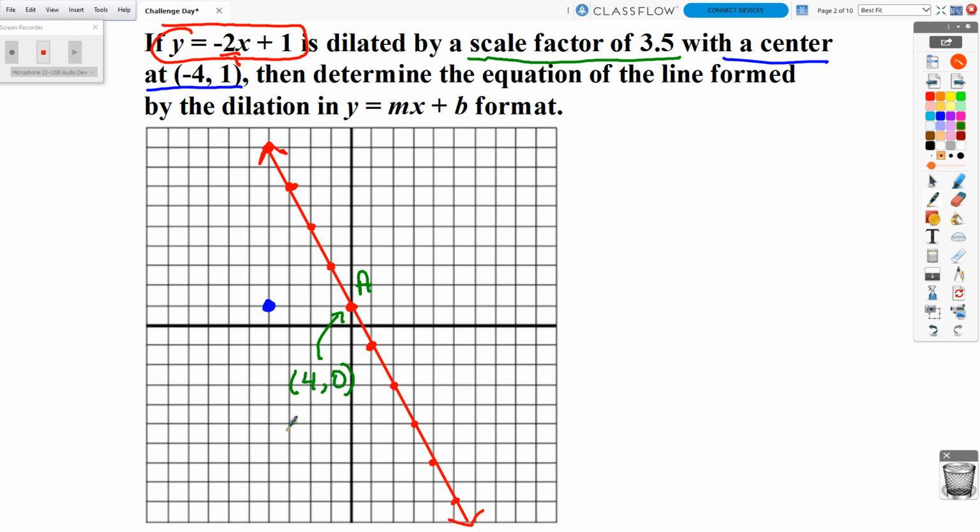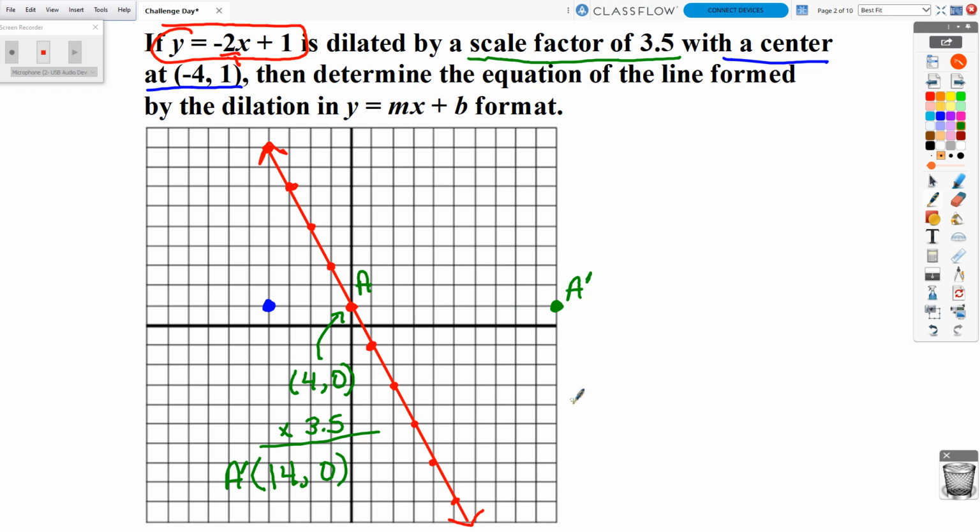If I took 4, 0 now and multiplied the x and the y coordinate by 3.5, then A prime is going to pretend to be at 14, 0. Now, where do I start counting from? From the center of the dilation. So there's 4, and then 5, 6, 7, 8, 9, 10, 11, 12, 13, 14. We're all the way right on the edge here. So there's A prime.